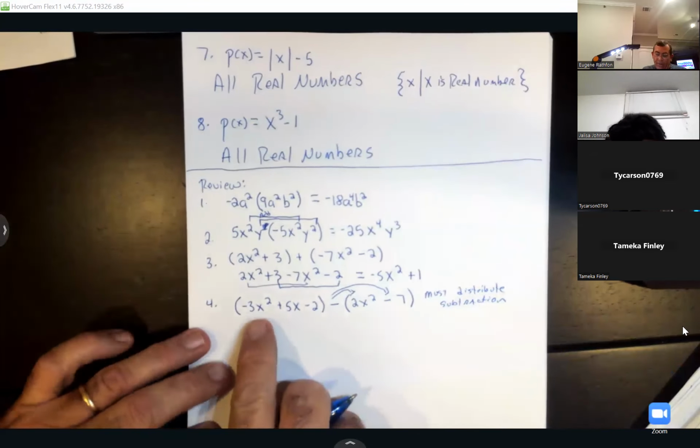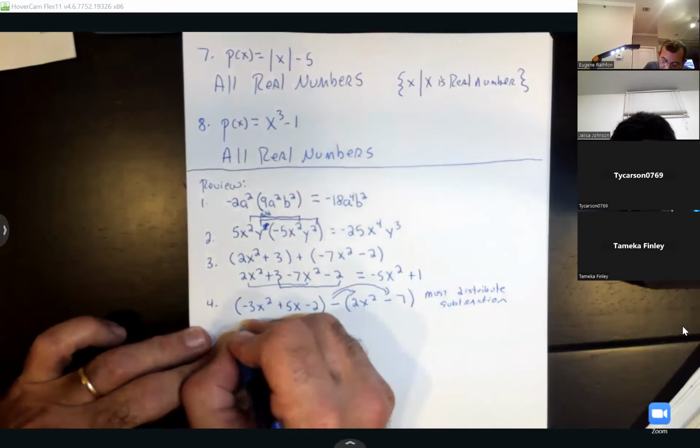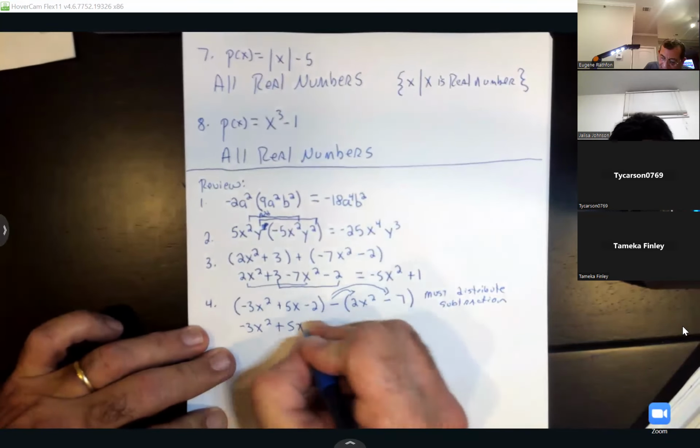Now, when I drop the first parentheses, these all come out the same as they look. Negative 3x squared plus 5x minus 2. But now we distribute our subtraction. So when you subtract a positive number, that's like a negative times a positive. We'll keep that negative.